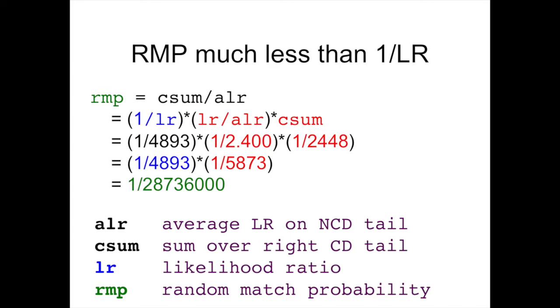So you get a shrinkage of the 1 over the LR, that 1 in 5,000, by another factor of 1 over 6,000, and you end up with an RMP, the chance that an innocent person has a match statistic that high on this data, of around 1 in 28 million. Okay? And again, for the math details, you can take a look at the paper.